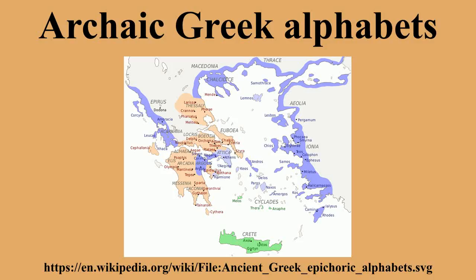Epigrapher Lilian Hamilton Jeffery conjectured that san originally stood for a voiced sound, and that those Doric dialects that kept san instead of sigma may have had such a pronunciation of s. Roger Woodard, professor of classics at the University at Buffalo, hypothesizes that san may originally have stood for another sound. In any case, each dialect tended to use either san or sigma to the exclusion of the other.